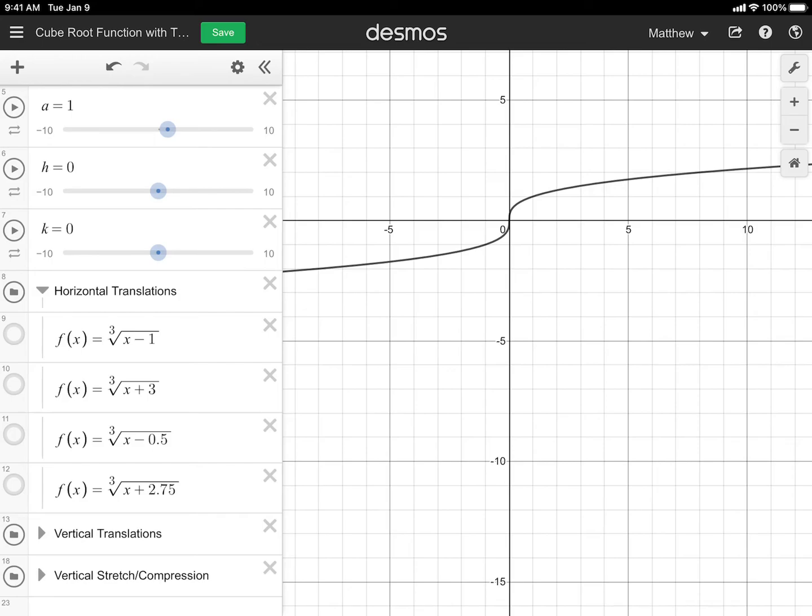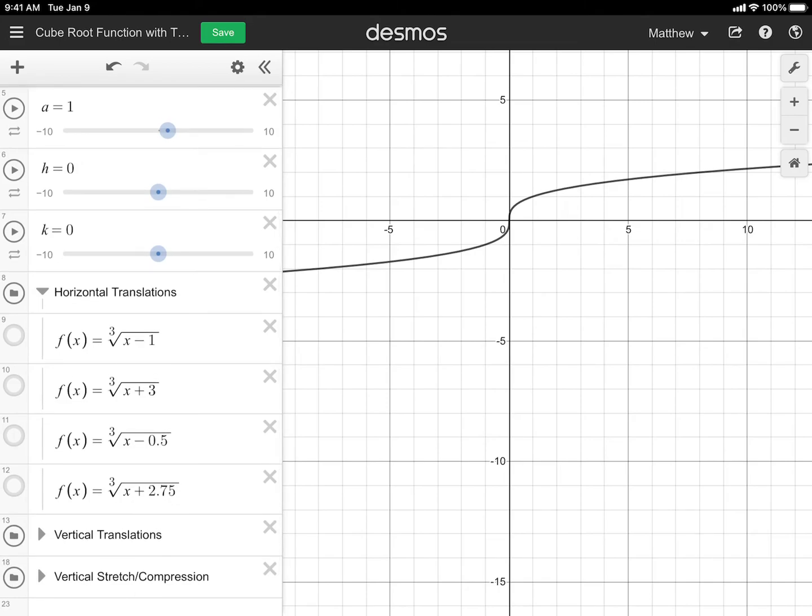For just the very first one under horizontal translation, my h is positive, guys. So it's actually going to go to the right 1 unit. Remember, if it's x minus 1, I'm actually going in the positive direction, because x minus h is inherently negative.